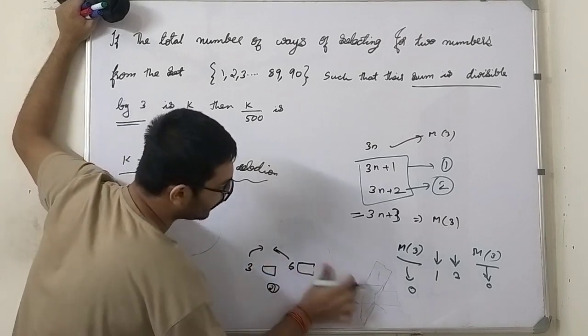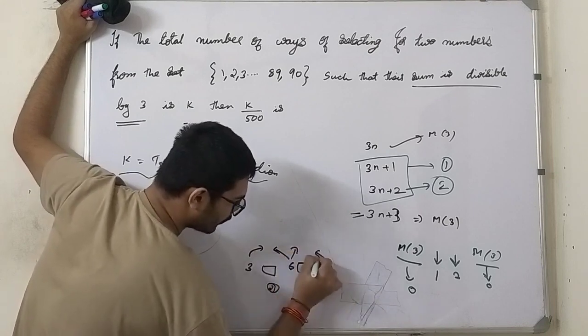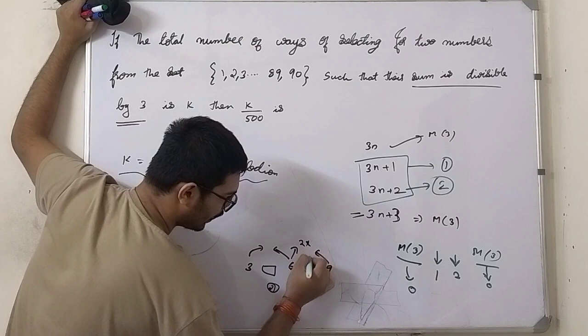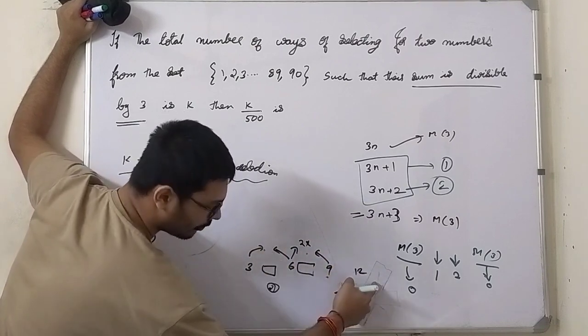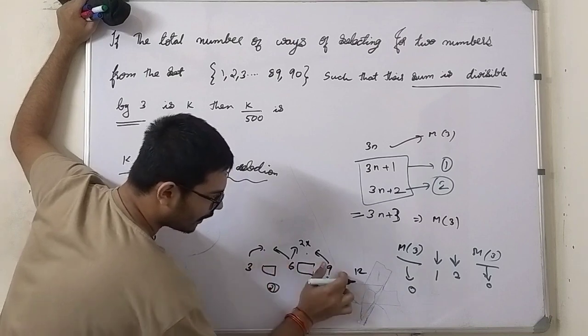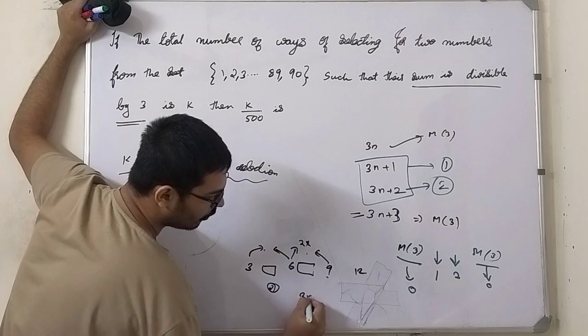If you take 3 multiples, it will be 1 interval, 2 intervals. How many digits are there? 2 into 2. Here is 2, here is 2. If you take 4 consecutive multiples of 3, 1 interval, 2 interval, 3 interval. How many digits are in between? 2, 2, 2. Which means 3 into 2.